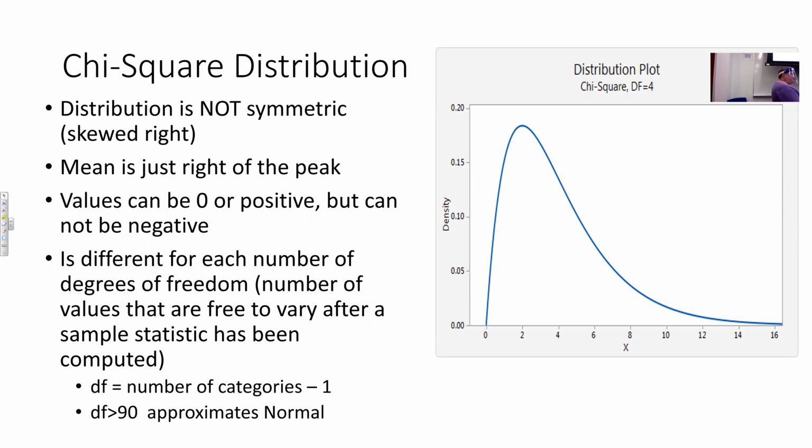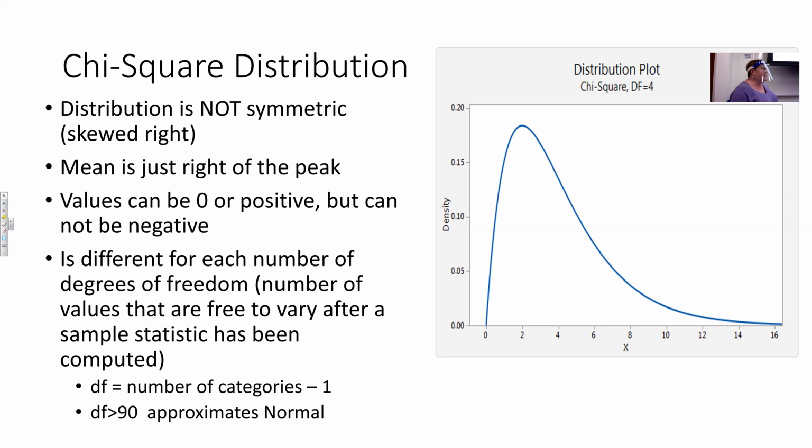So the chi-square distribution is quite different from the normal distribution or the student's t distribution that we talked about. The one big difference is that the chi-square distribution is not symmetric. It doesn't have that bell shape. It's actually skewed to the right.